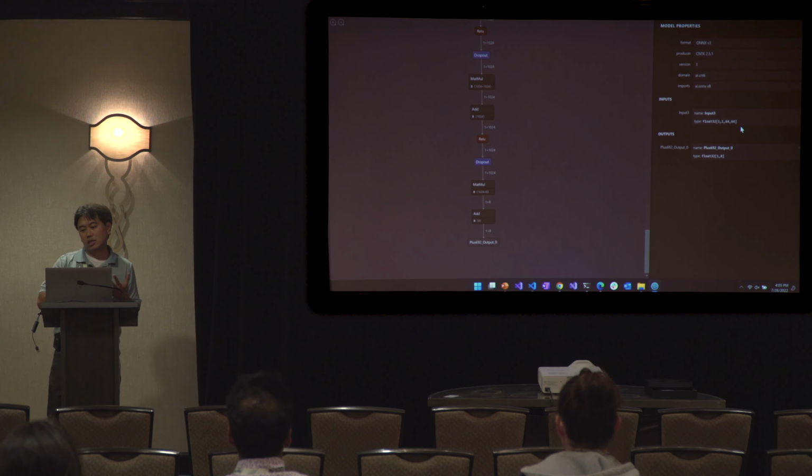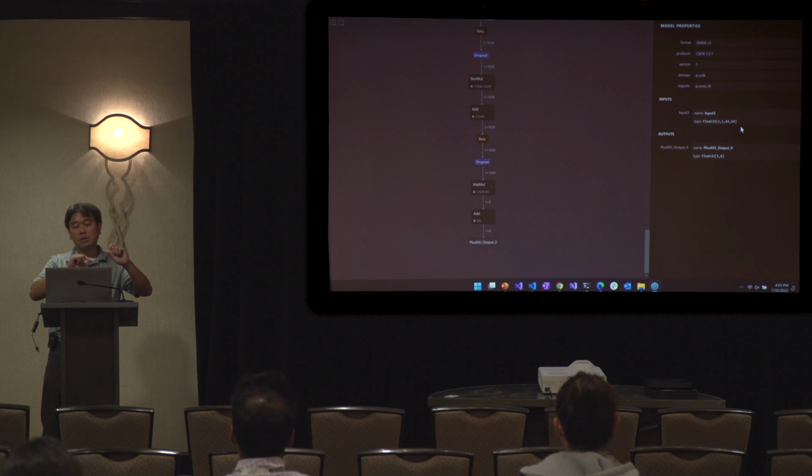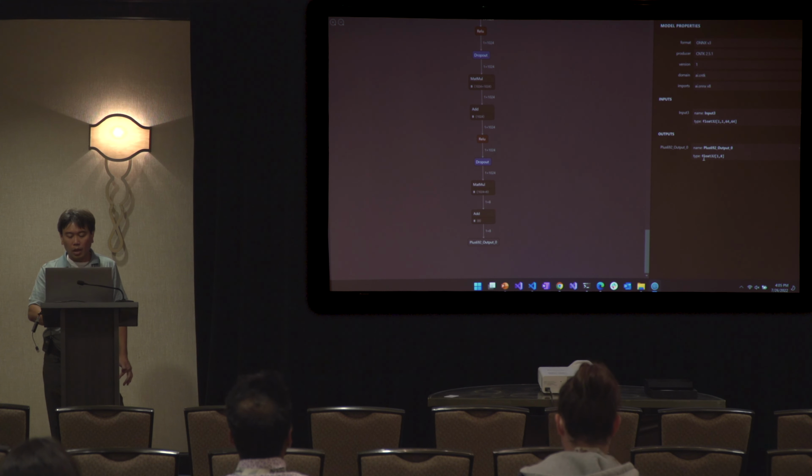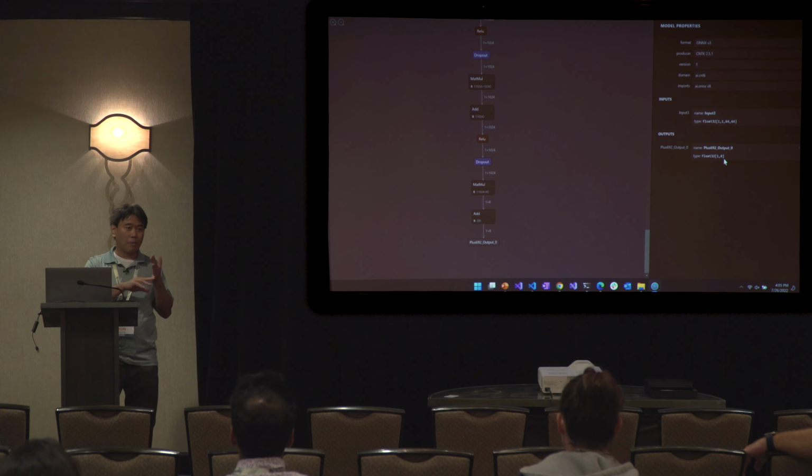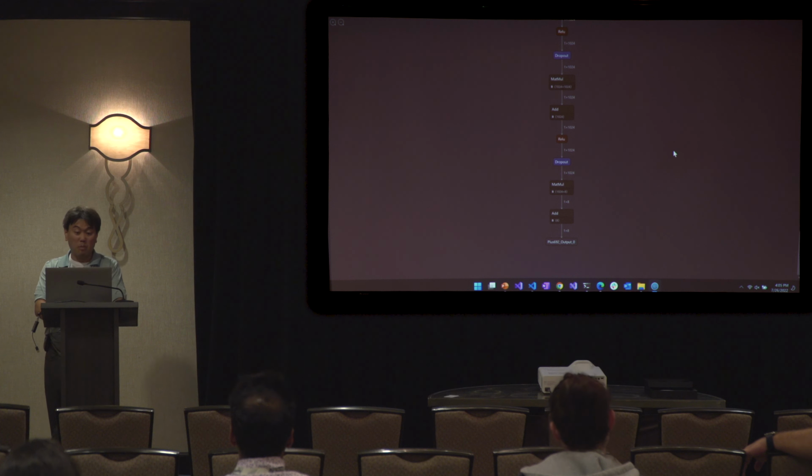What it means is 64 by 64 pixels, and the one means it's a black and white, or grayscale, image. And then the output would be a float32 of 1 by 8. Reading a little more about this model, the 1 by 8 means it's detecting whether it's happiness, sadness, or other emotions. It's part of the sample.